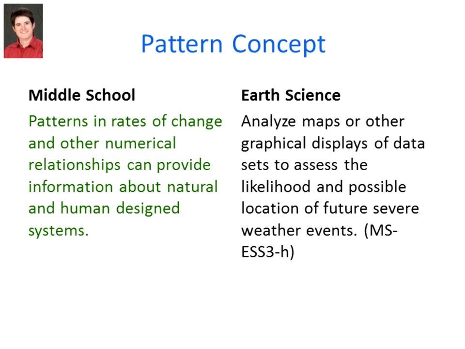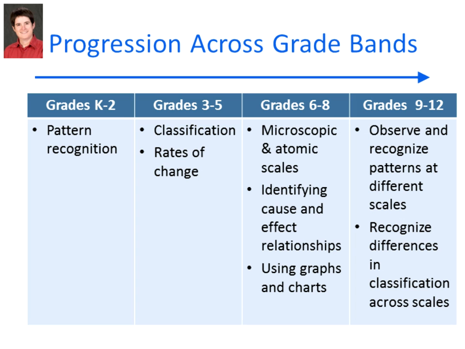All of these are middle school examples, analyzing maps or graphical displays of data to assess likelihood and possible location of future severe weather events. Again, helping us understand natural systems. So this really illustrates the ways in which these pattern ideas are represented across the disciplines, and cross-cut the topics that we teach in school.